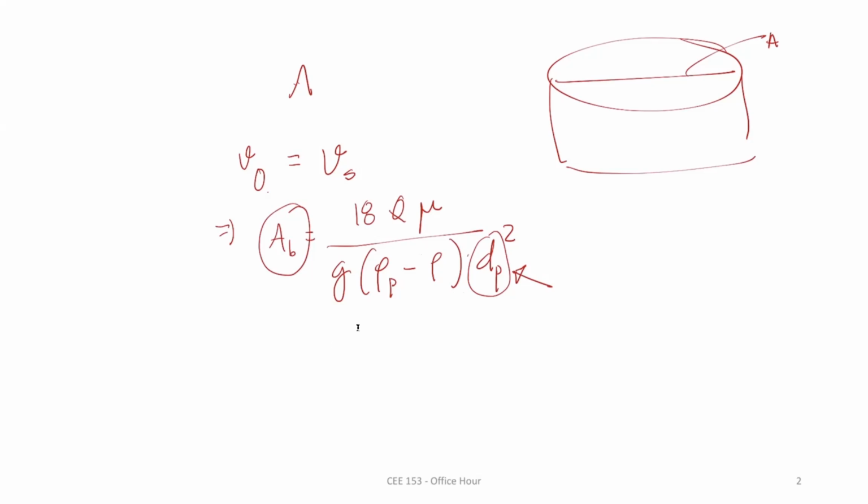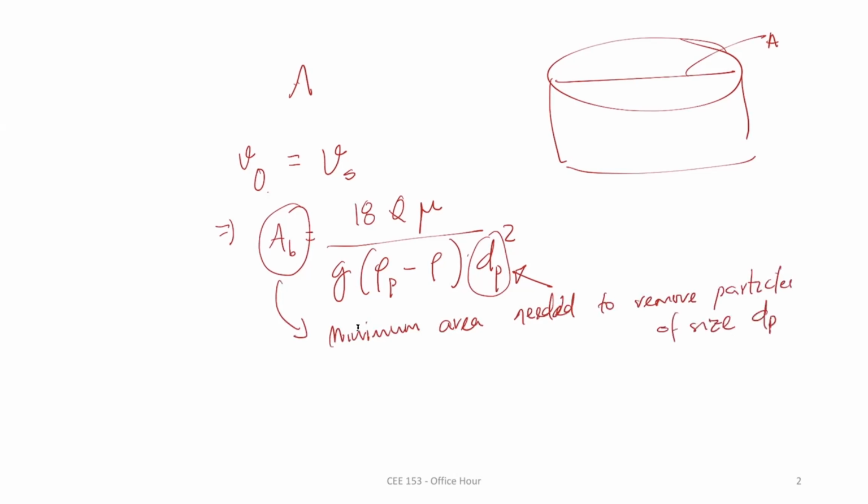AB is the minimum area needed to remove particles of size dp or larger. Christine, does it answer the question, or should I move to some other direction? Yeah, I think that makes sense. Okay.